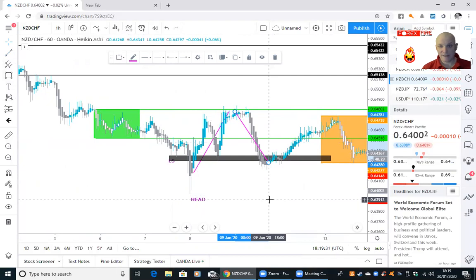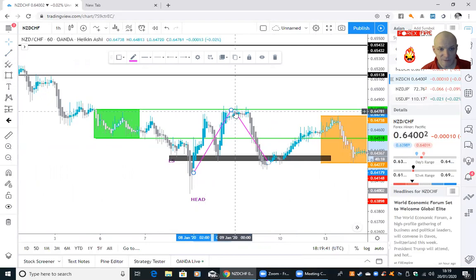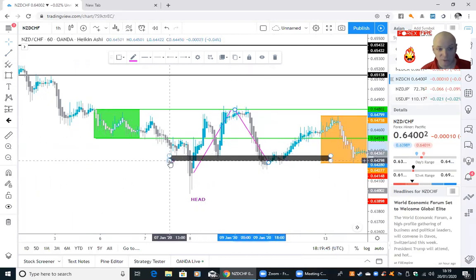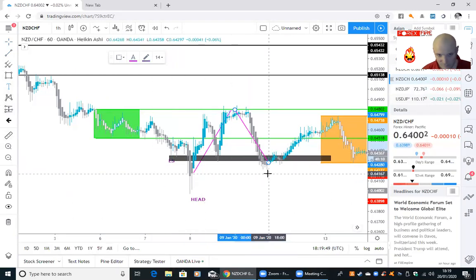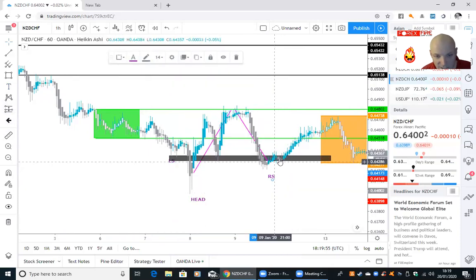So we need this to mirror the opposite side of the Forex sort of trade. So we've got the head, the left shoulder, we've got 100% retracement to the Monday zone, and then we got the retracement back down to the previous shoulder, creating the right shoulder, okay.